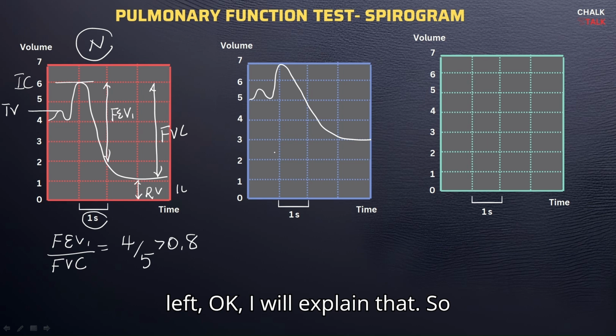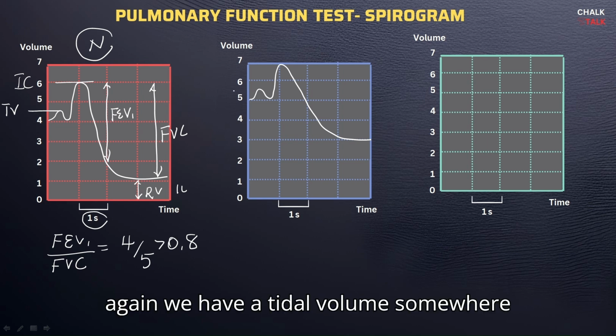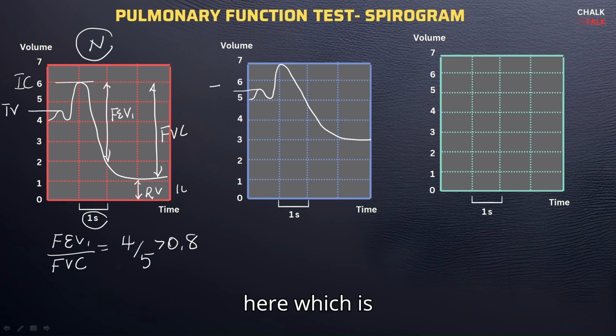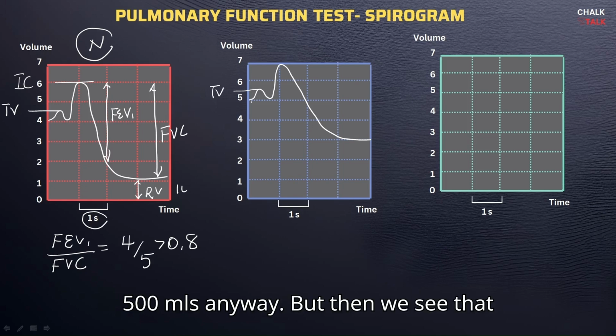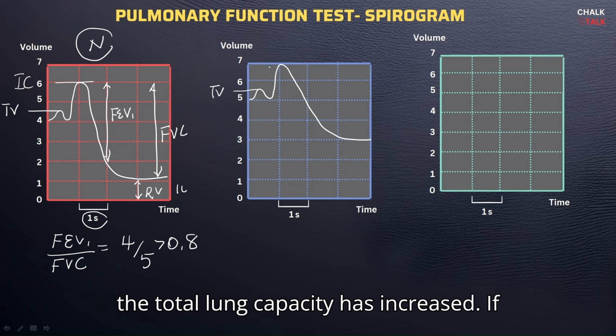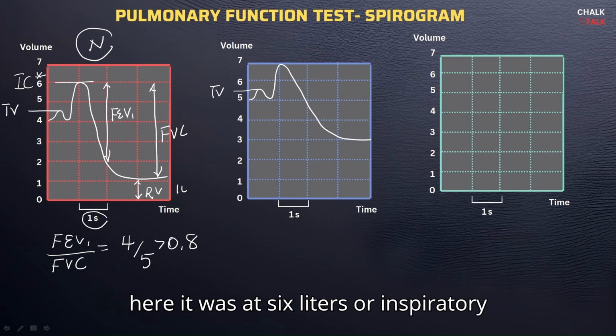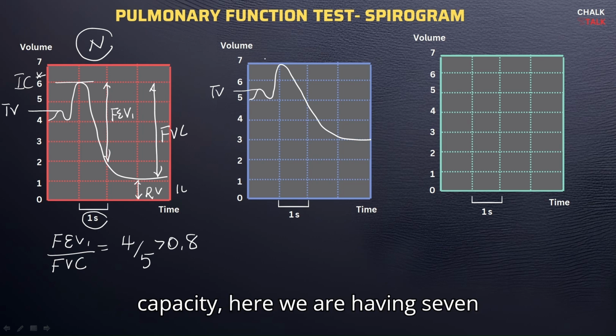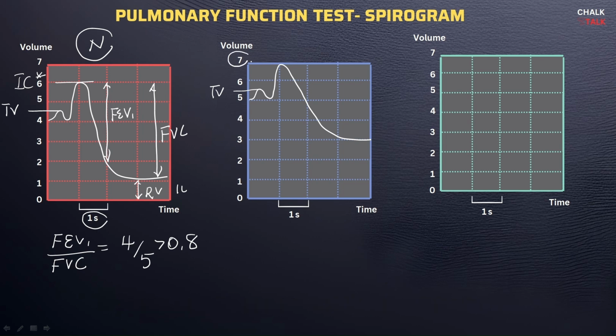Okay, I will explain that. So again, we have a tidal volume somewhere here, which is 500 mils anyway, but then we see that the total lung capacity has increased. If here it was at 6 liters for inspiratory capacity, here we are having 7 for the inspiratory capacity.